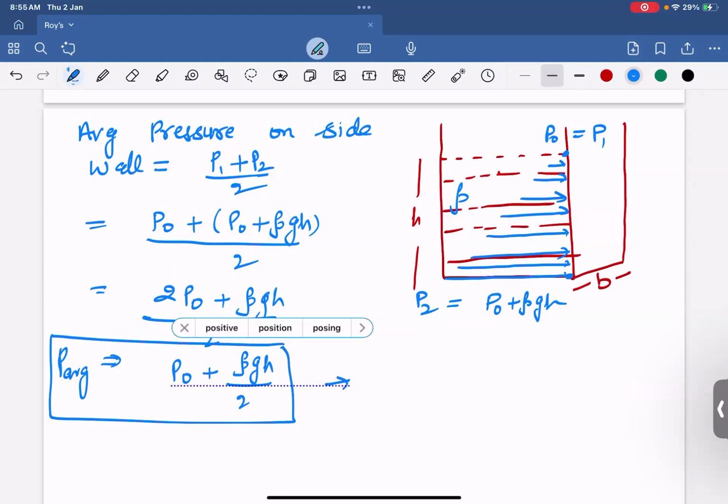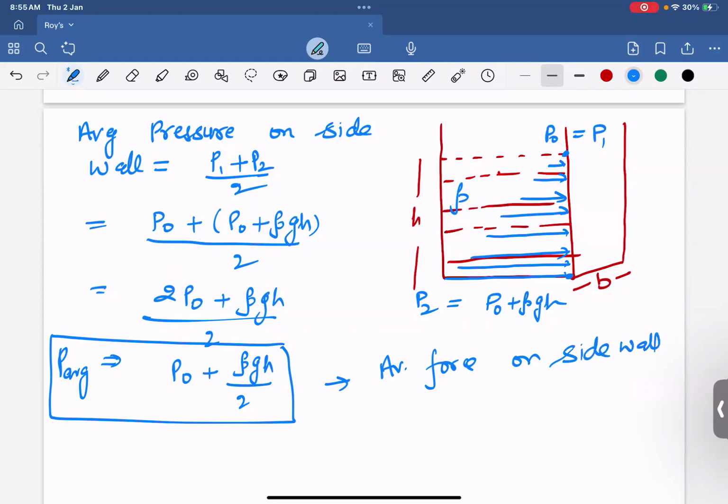If you try to find the average force on the side wall, that is the average pressure multiplied by the area of the side wall. The area of the side wall will be B into H. Height is H only, both sides.